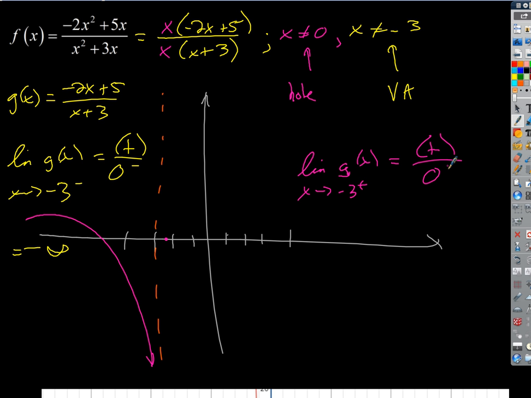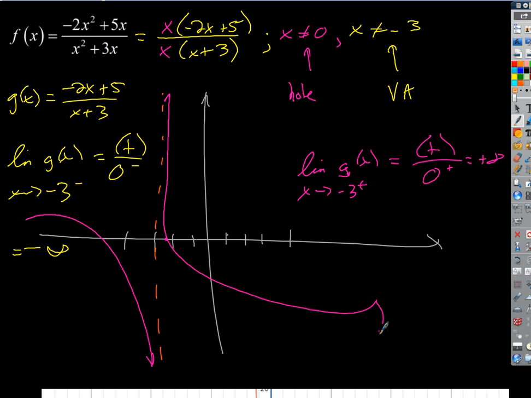So then that gives us positive infinity, doesn't it? Right? And so on this side, it's just going to go something like that. Right? Make sense?